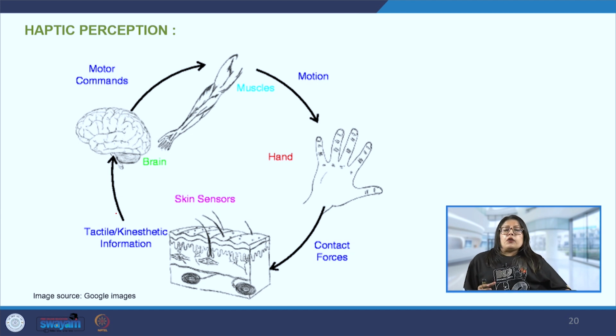And depending on whether it is empty or if it has a liquid, our eyes will see. If we are not able to see, if it is opaque, then the receptors will tell us about the weight, and depending on that we will carefully pick up the glass and ensure that the liquid doesn't spill.